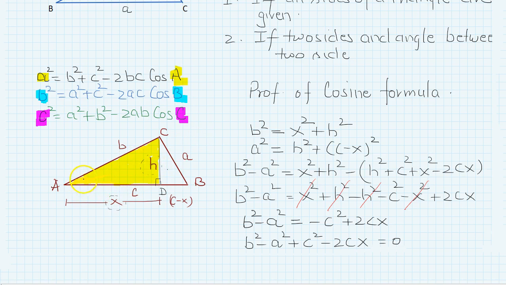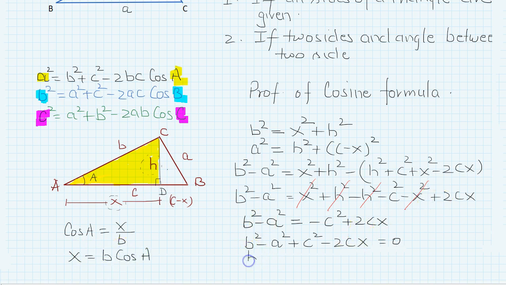Let's take this as angle A. So cos A is x over b. So x can be written as b cos A.